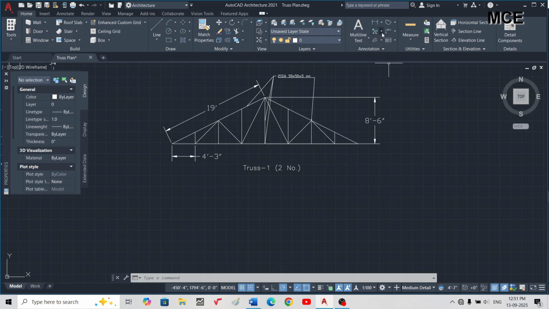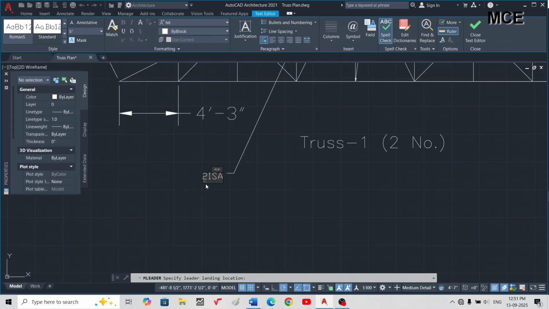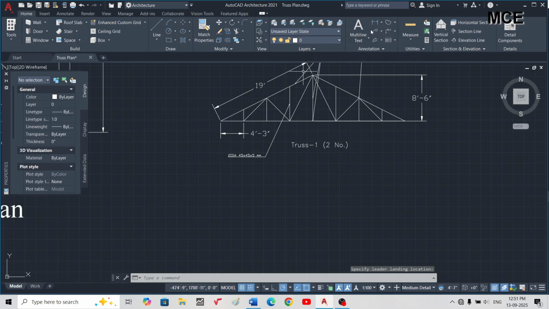For these I will take 2 ISA, double angle 45 into 45 into 5 mm. This is both for the vertical as well as for the inclined.